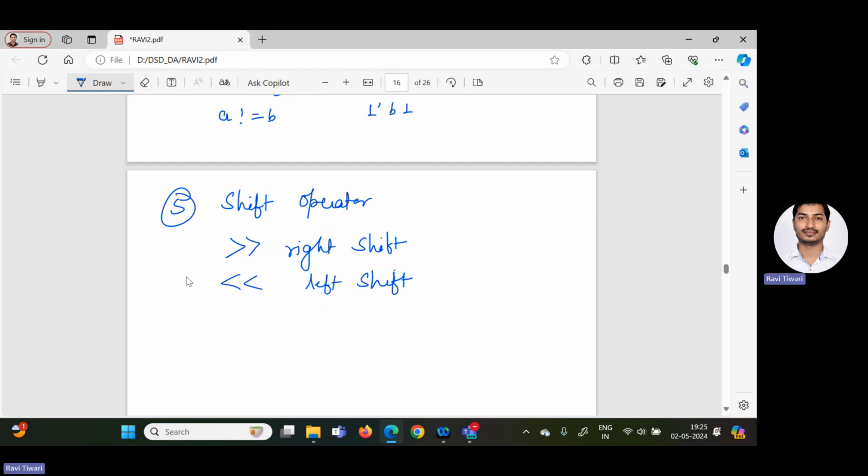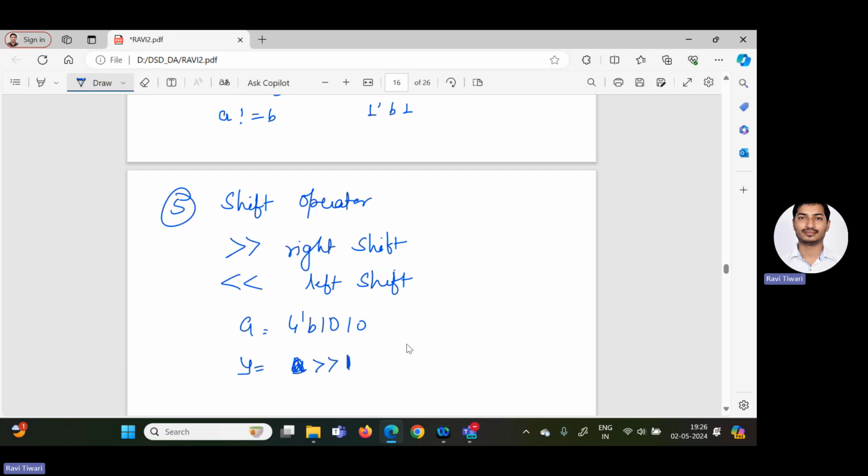If you have any number like A is equal to 4'b1010, and this is A, and I am writing here Y is equal to A right shift by 1 unit.